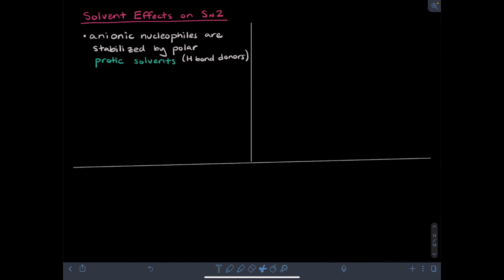We'll call those polar protic solvents. Some examples of these solvents are things like water, alcohols, carboxylic acids, or amines. These all have OH or NH bonds that could be donated to hydrogen bond or at least interact with an anionic nucleophile.